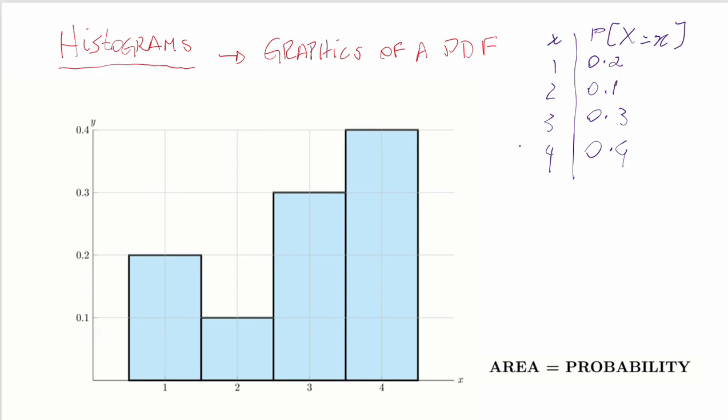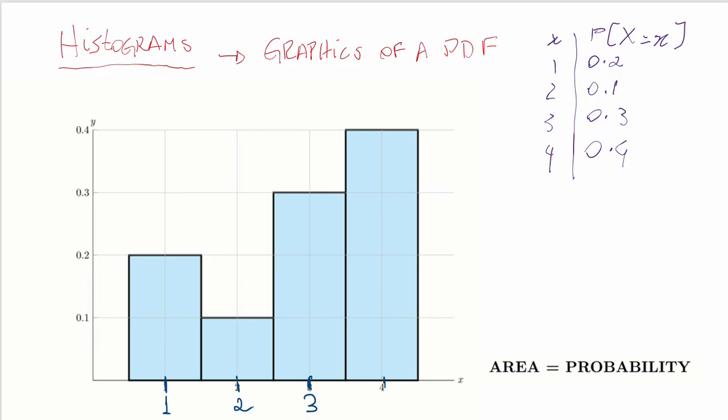Well, first of all, we have rectangles that are centered on the values that your variable can assume. So I'm doing an experiment, and my outcomes can be 1, 2, 3, or 4. I'm assigning values to the outcomes. So I will have rectangles centered on these values.